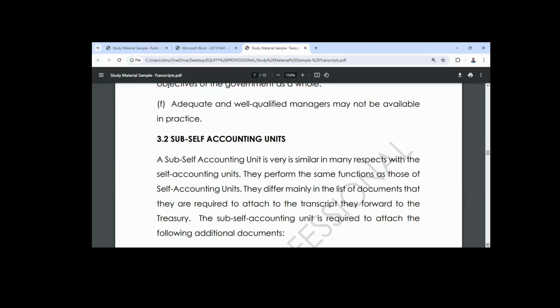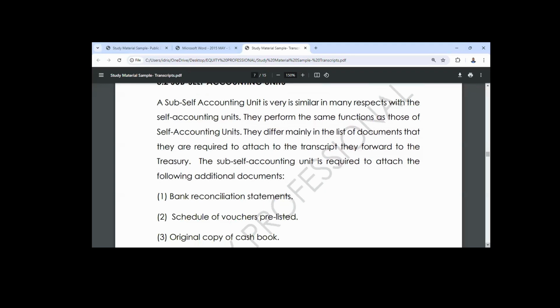They have their finance department, they have secure vouchers room, they have internal audit unit, they have office accommodation, they have IT infrastructure. But when they want to submit their transcript to the Accountant General, they will attach additional documents.